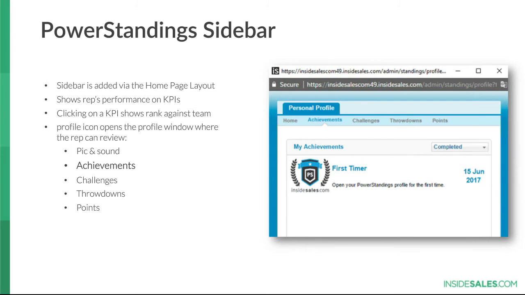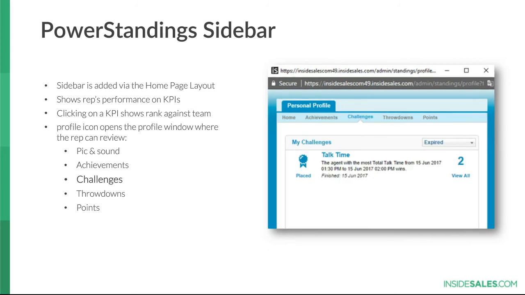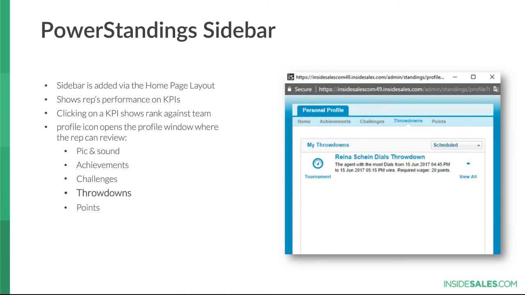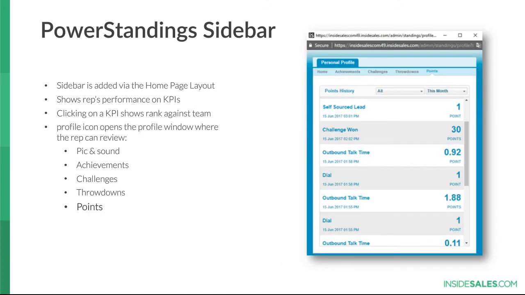Under Achievements, they can see any achievements they've earned. Any challenges that have been issued or completed at this point, they can review. Any throwdowns that are going on, they can see, and then they have a summary of all of the points they have earned up to this point. Okay, so those are all the components of the Powerstandings sidebar. Make sure your reps are aware of those components, get them up to speed, and get them using the tool.